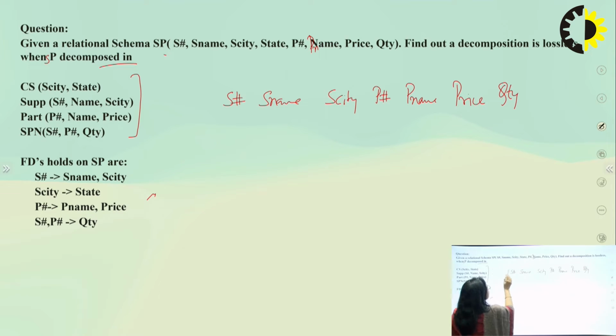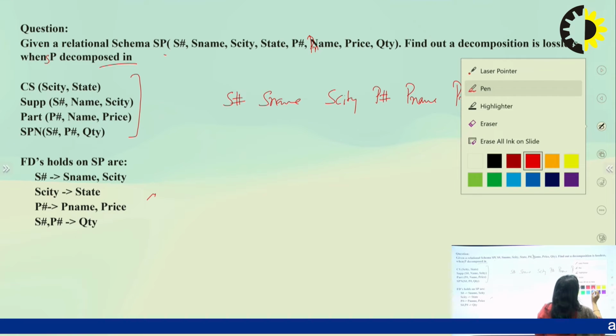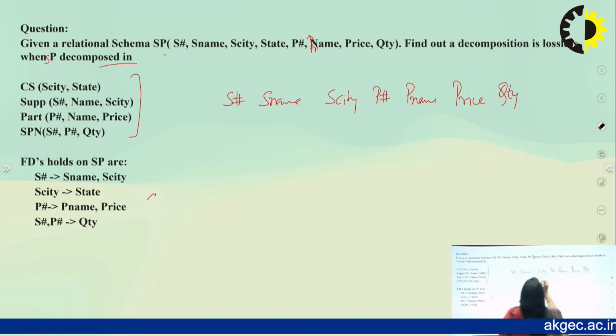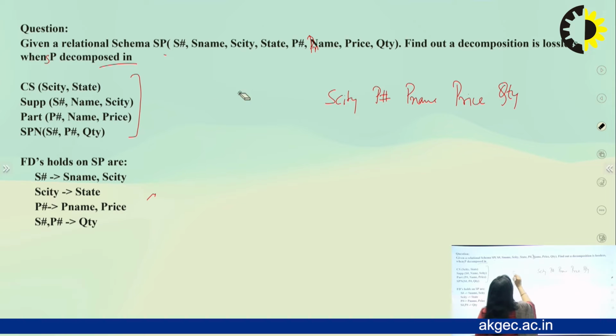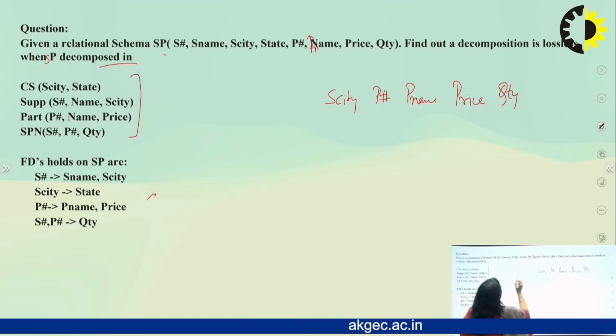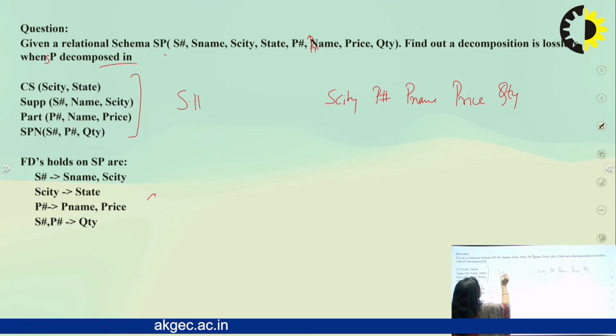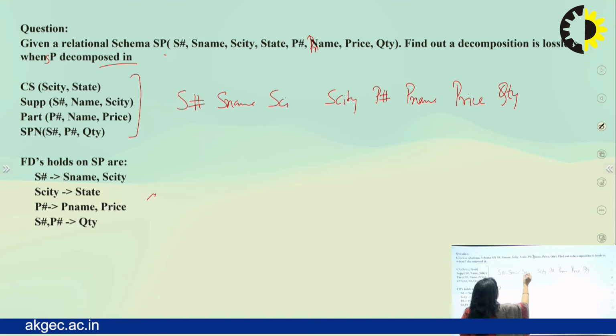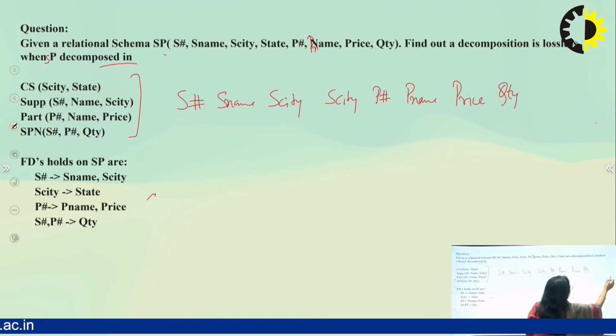One is missing: state. So one is missing, I'm writing that. Okay. S hash, S name, S city, and then state.